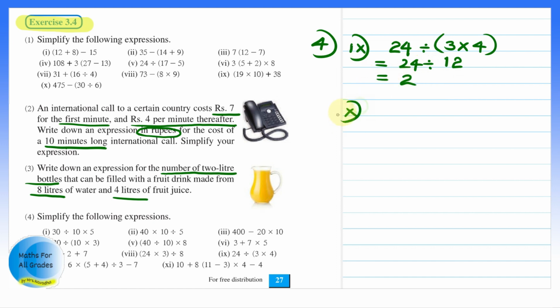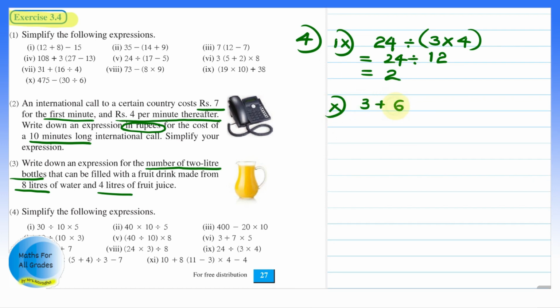Question number 10. 3 plus 6 times, bracket, 5 plus 4, close the bracket, divided by 3 minus 7. Now this expression is quite lengthy, but we know where to start first, so it doesn't matter. Let's start with the brackets first. 5 plus 4 equals 9. 3 plus 6 times 9 divided by 3 minus 7.